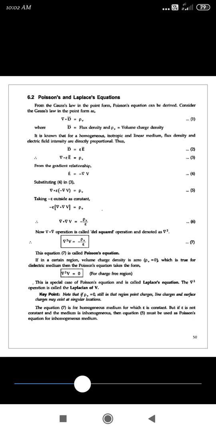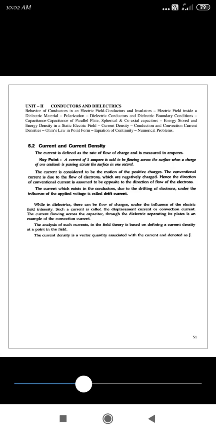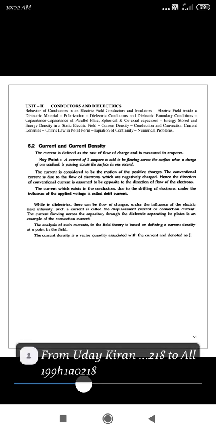Now we will see the second chapter, conductors and dielectrics.